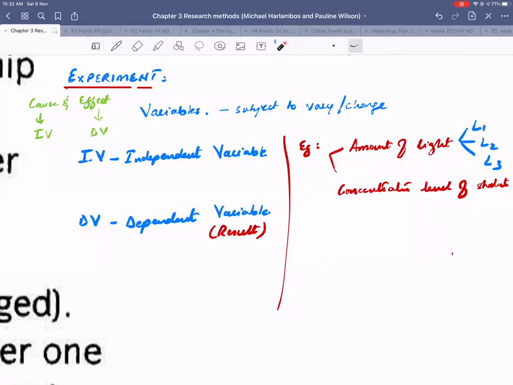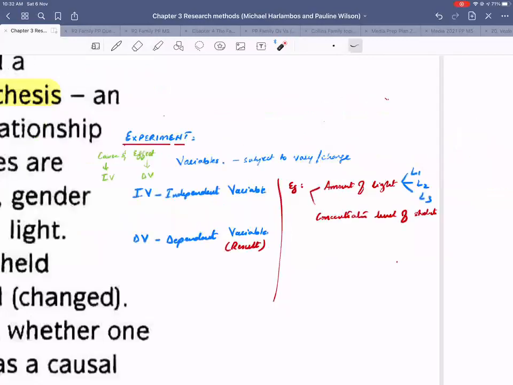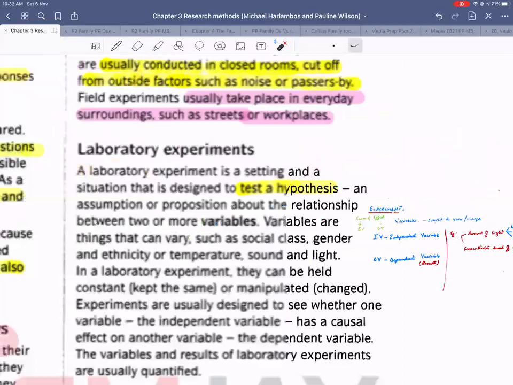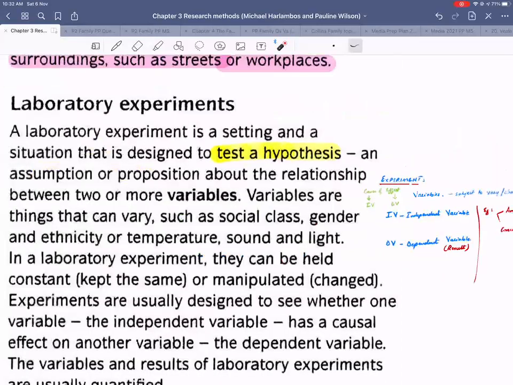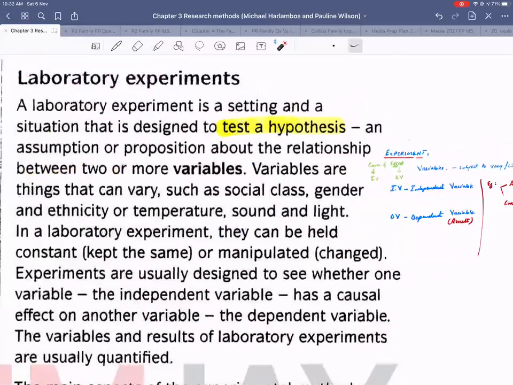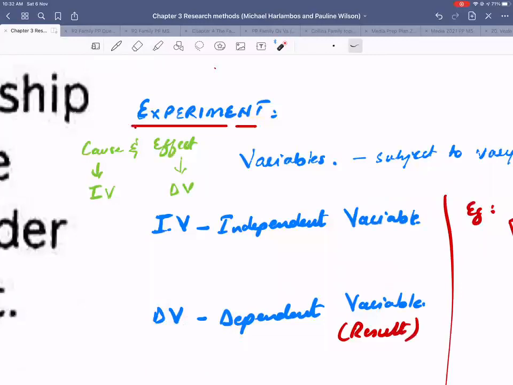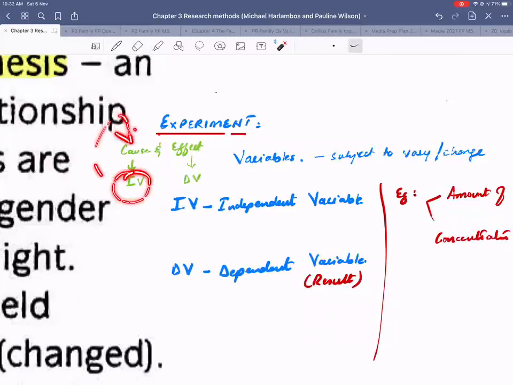So taking it a step ahead now, variables are things that can vary, such as social class, gender and ethnicity, or temperature, sound, and light. In a laboratory experiment, they can be held constant or manipulated. Experiments are usually designed to see whether one variable, the independent variable, has a causal effect on another variable, the dependent variable. This is exactly what I had said over here. Your independent variable, causal effect. Clear, dear?